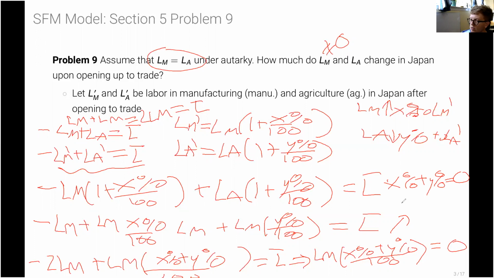Okay, so in other terms, the percentage of labor that we lose from sector A has to equal exactly the percentage of labor that we gain in sector M. So I'll come back to this rule. This will be useful later on. Okay.